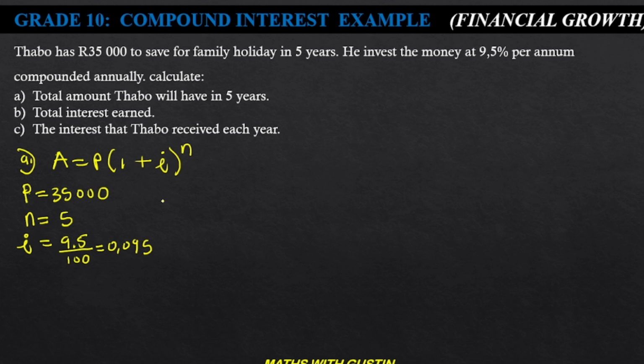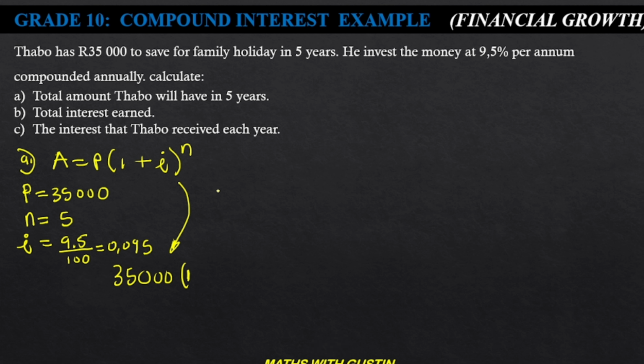Great stuff. So now we need to calculate this. We're going to substitute everything into our formula. That is going to be 35,000 plus, it's a plus there, guys, I made a mistake, I wrote a 4.